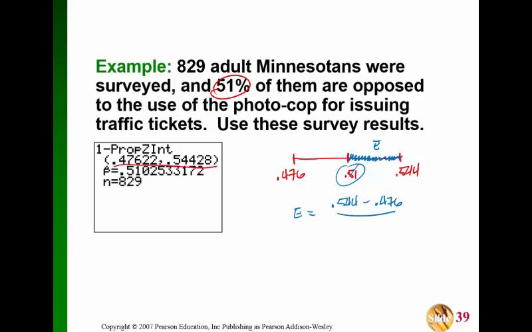And then that would be the distance of that whole interval, but if I want just half of that, I'll divide this by 2. And if you do this correctly, you should get, what is it, 0.034? Yeah? Which is the margin of error that they had found earlier. So it's just another way to look through it.